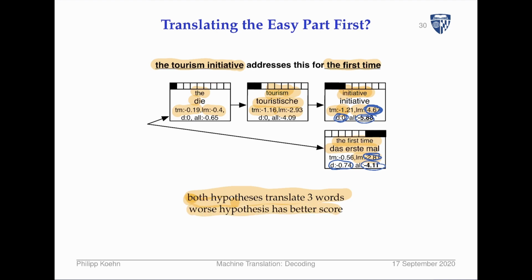So if pruning has to choose between the two, it would throw away the translation that starts at the beginning of the sentence. To put it in very simple terms, if we prune by the cost of a hypothesis, then we encourage it to translate the simple part of the sentence first. So translating the easy part of the sentence first.